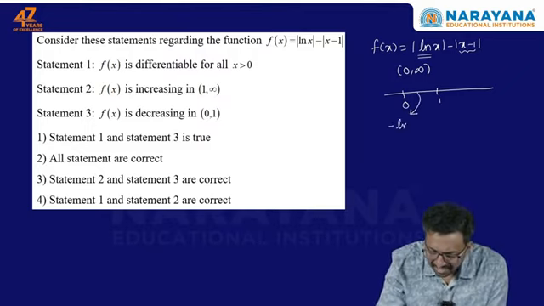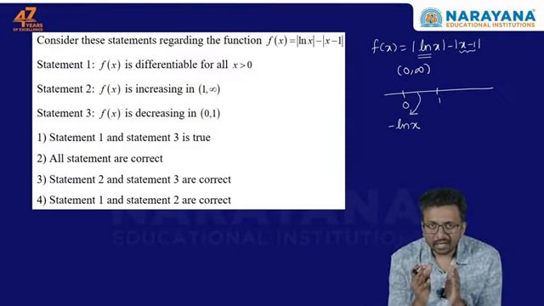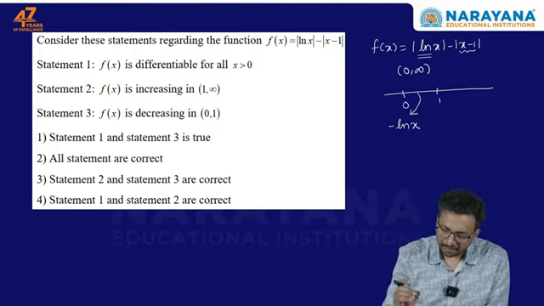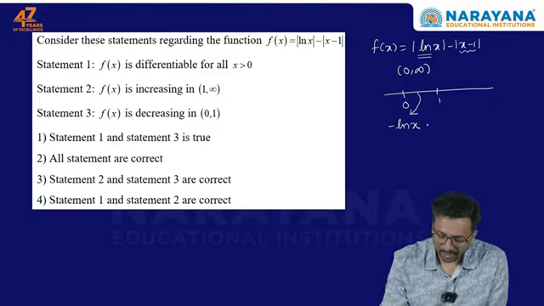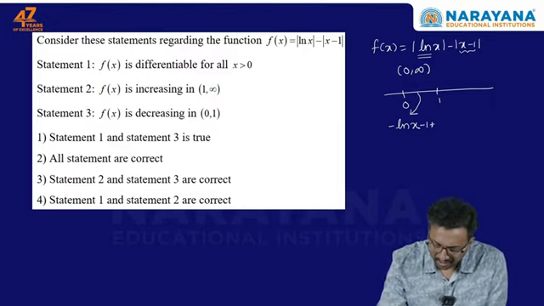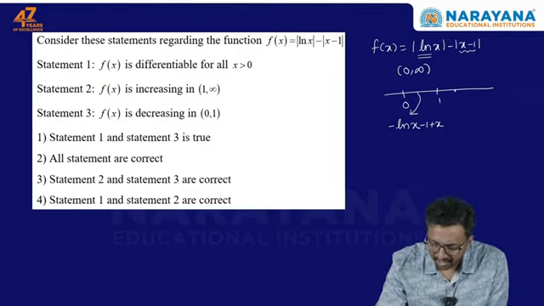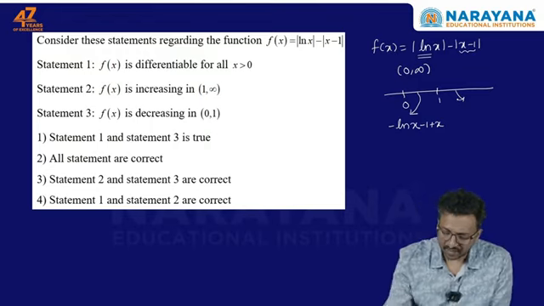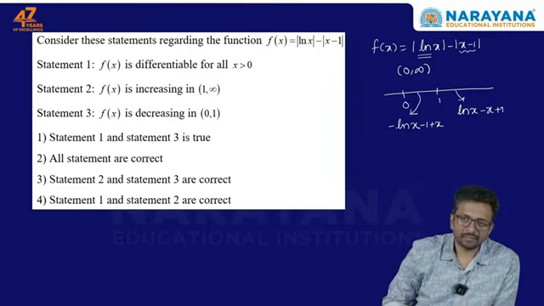It is minus ln x minus of 1 minus x, because if the term inside the mod is negative, you get a minus extra when you remove the mod. So minus ln x minus 1 plus x. So this is the function between 0 and 1. And after 1, log x is positive and x minus 1 is also positive, so the function is log x minus x plus 1.